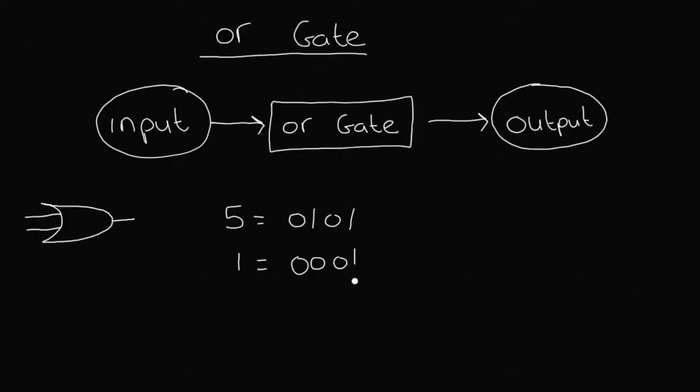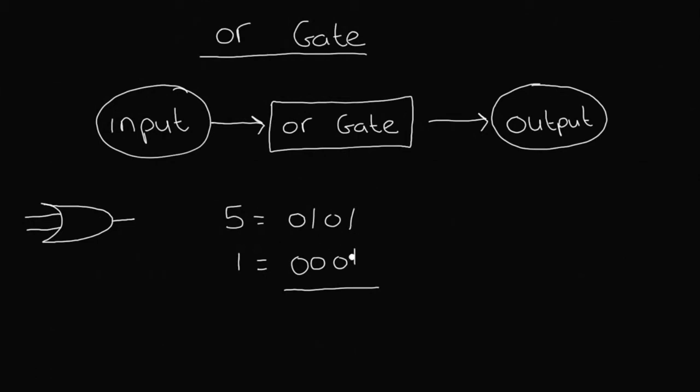And if one of these columns is 1, we can bring down 1 to our next line. So with an OR gate, what we're doing is we're creating a new binary number. So we've got 5 and we've got 1 here as our input.